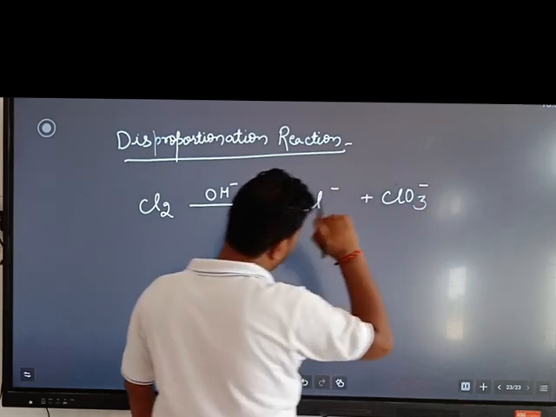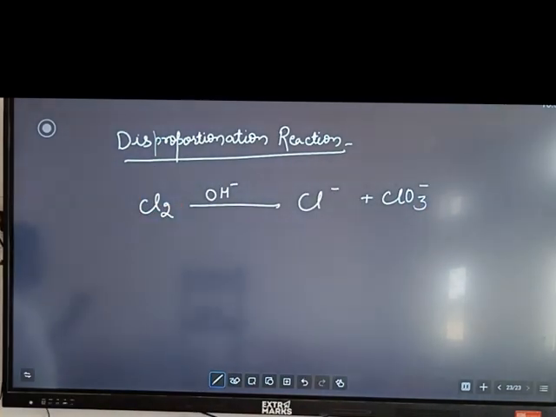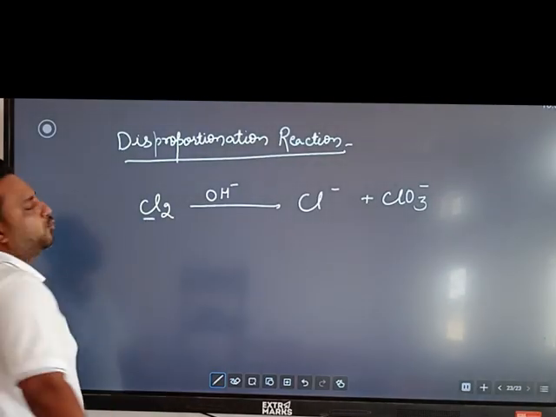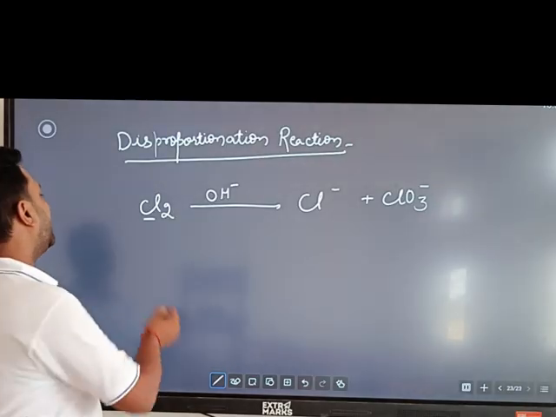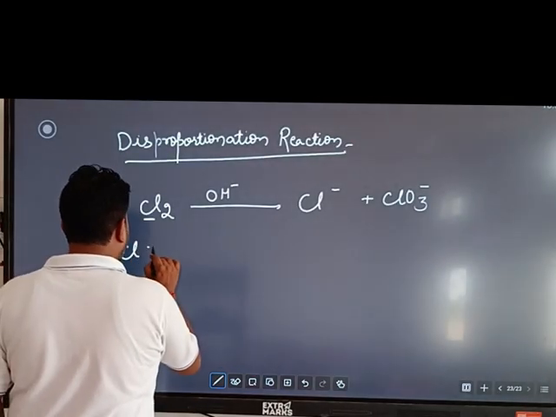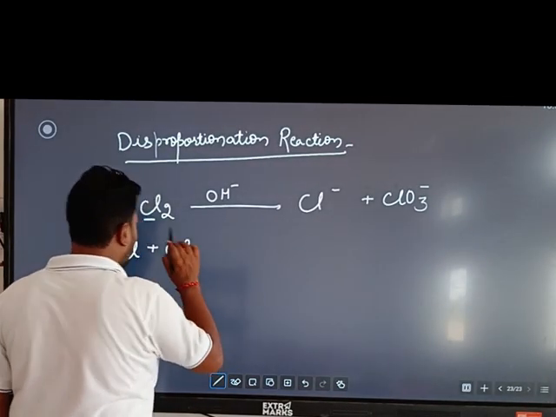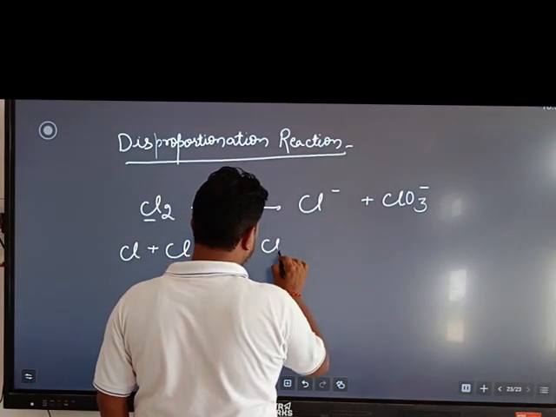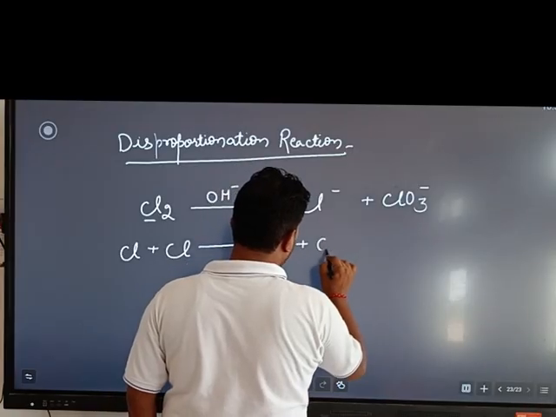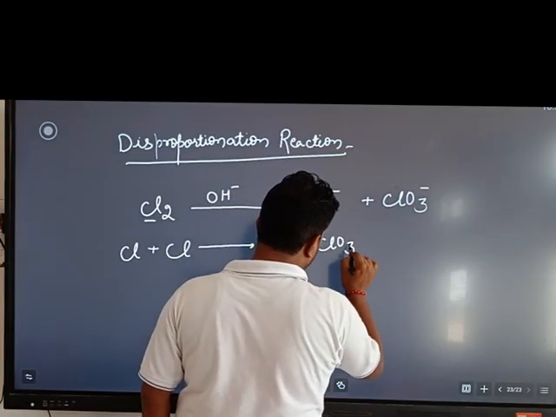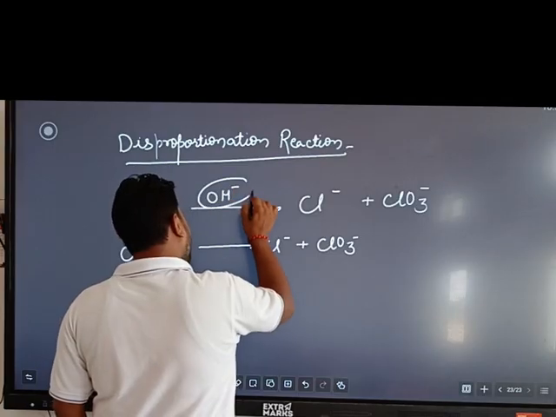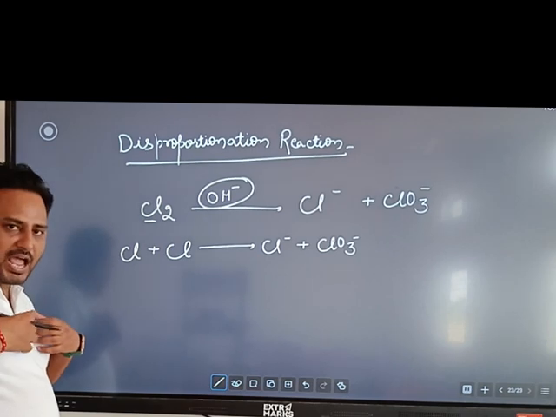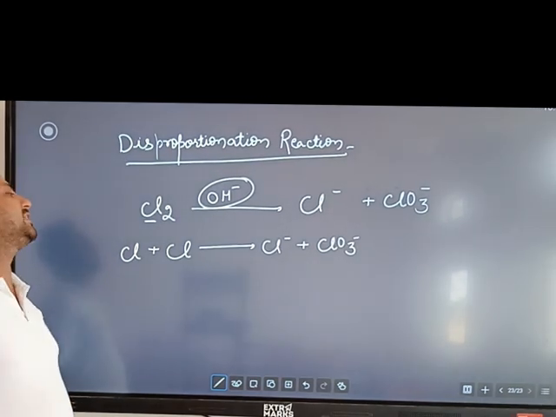Students, we will balance this reaction by oxidation number method, and for this we split the Cl2 into 2 chlorine atoms. So after that this reaction will be written as Cl plus Cl. This will give Cl- and ClO3-, and this OH- indicates you have to give answer in basic medium. Means we have to balance the reaction in basic medium.